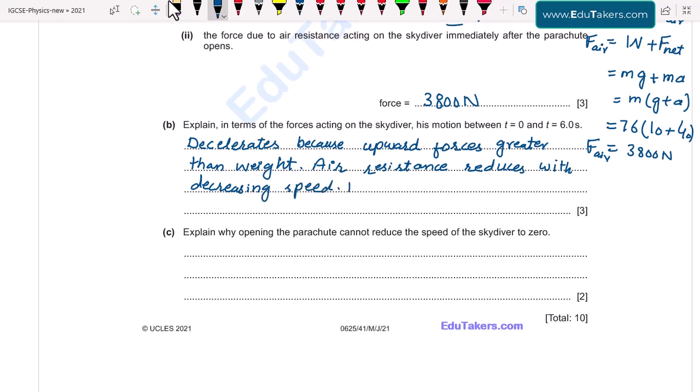Finally, when weight becomes equal to air resistance, then the body moves with constant speed.